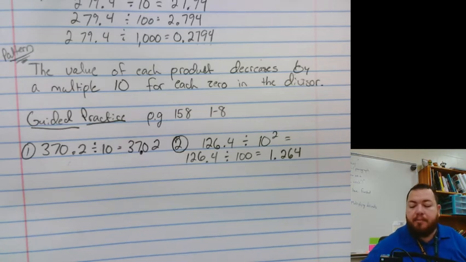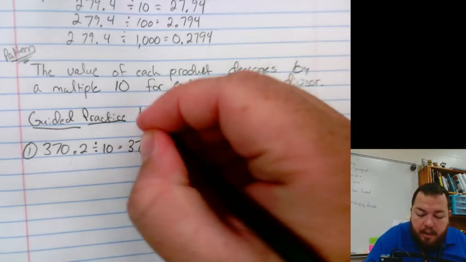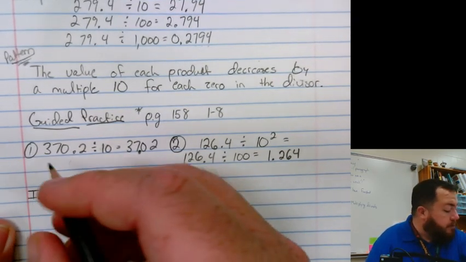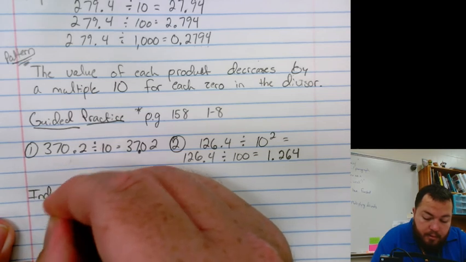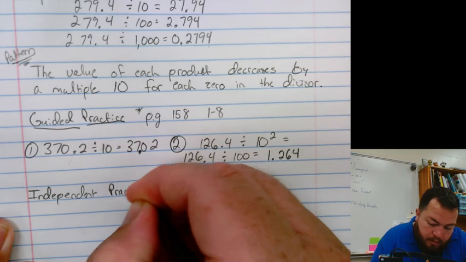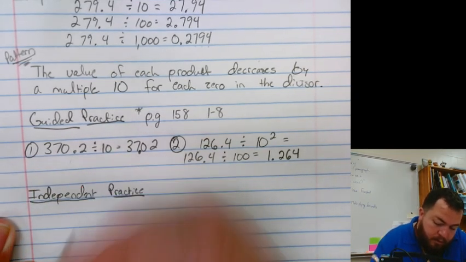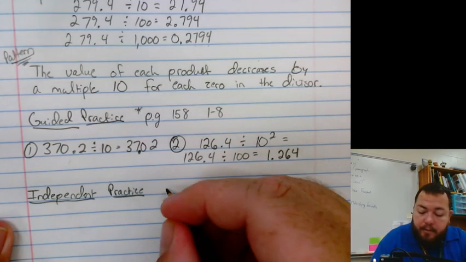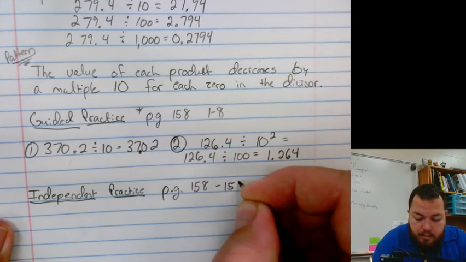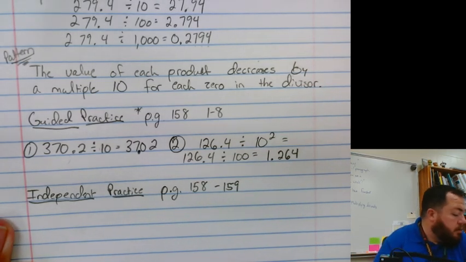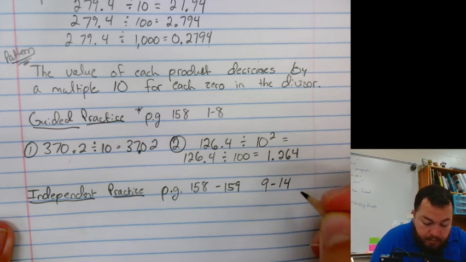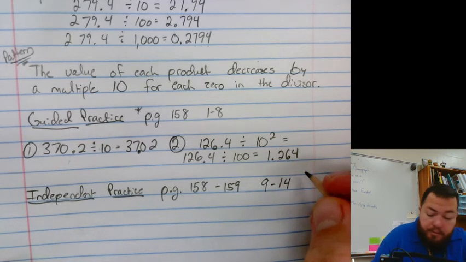When you guys are done with guided practice, have it checked by Miss Russell or I. And then for independent practice, let's do page 158 and 159. Let's do number 9 through 14. And 32 through 39.